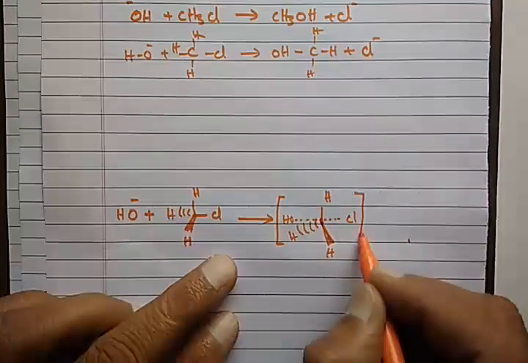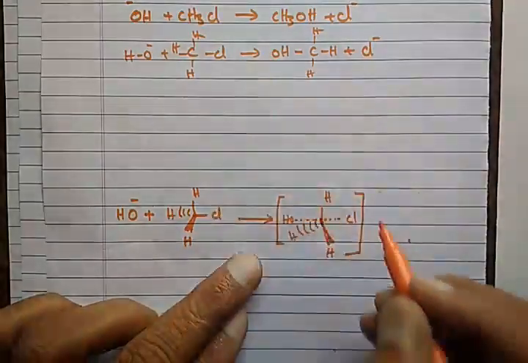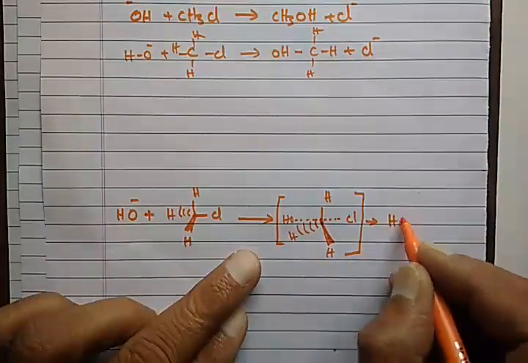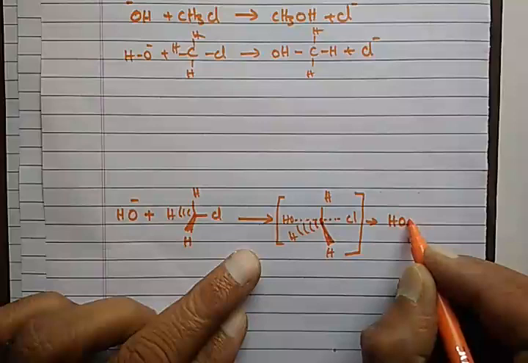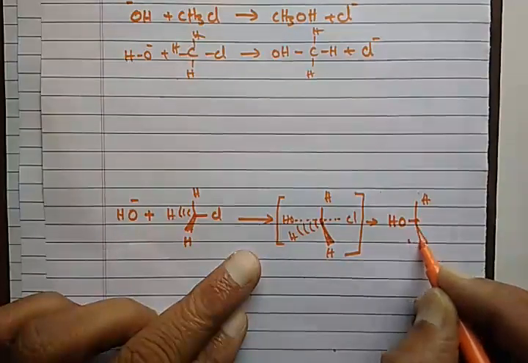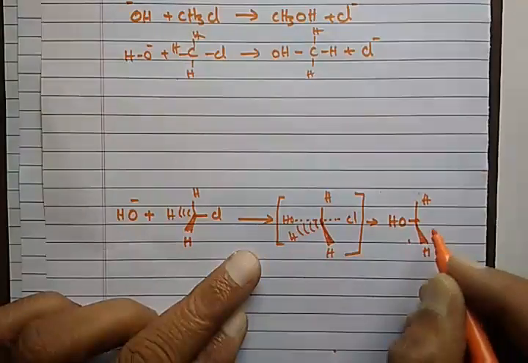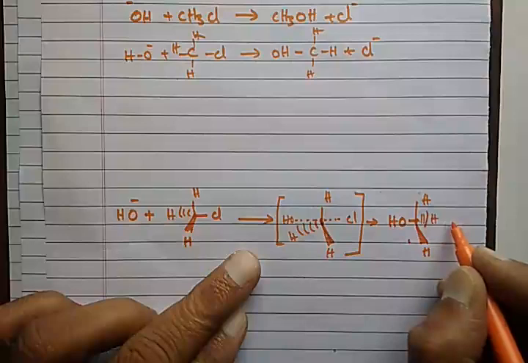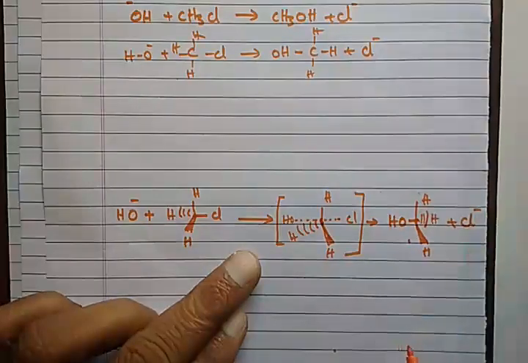This is the intermediate step. Here I have included the intermediate step. Then the final one is HO will come this side, H, another H, one more hydrogen atom here, and chlorine will get separated.